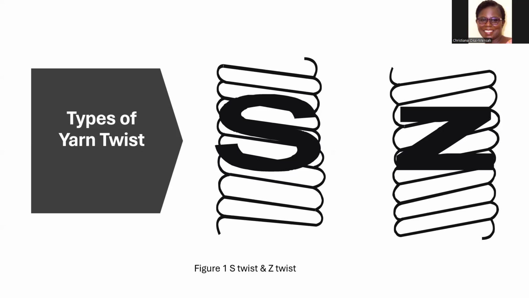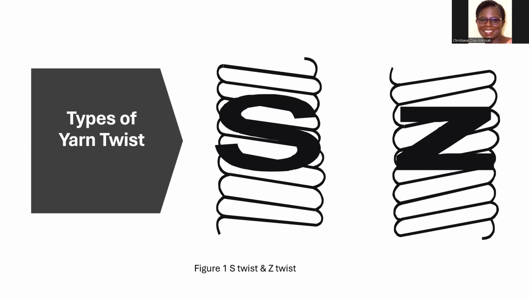Then you have the medium twist, the balanced one, used for most woven fabrics, the calicos and others. Then the high twist turns many times per inch. That one is very strong, very firm, and very smooth. It is used for sewing threads.